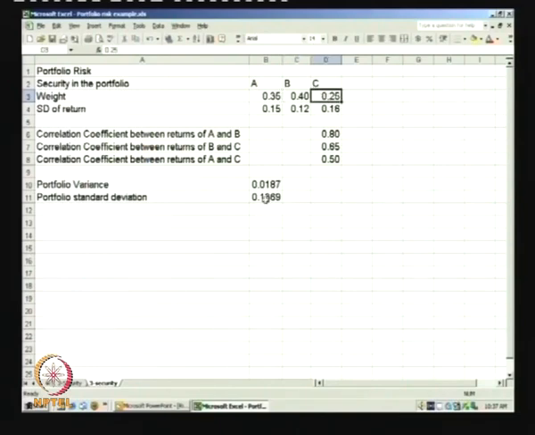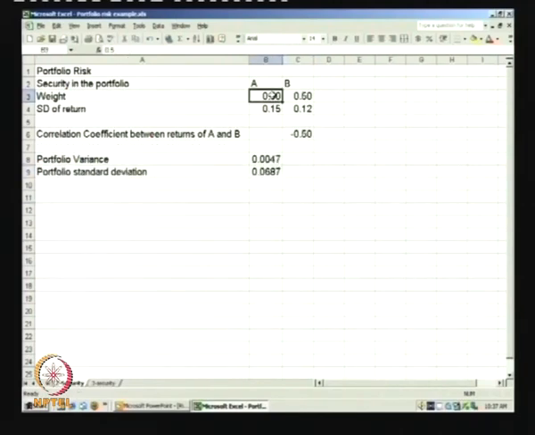The portfolio standard deviation is 0.1369. If somebody changes this mix to another mix, then the standard deviation is also going to change. If we make this 0.6 and that 0.40, then the standard deviation has changed to 0.0780.